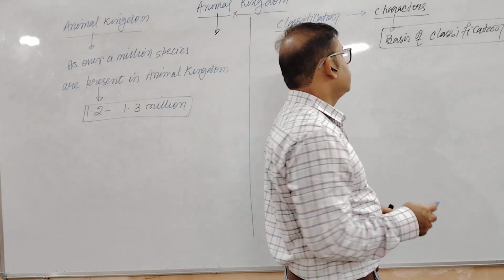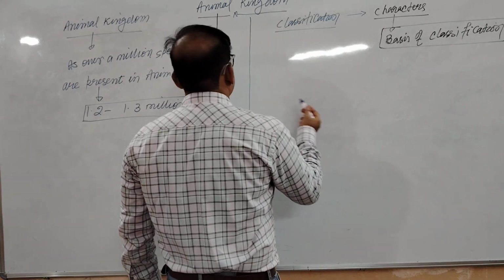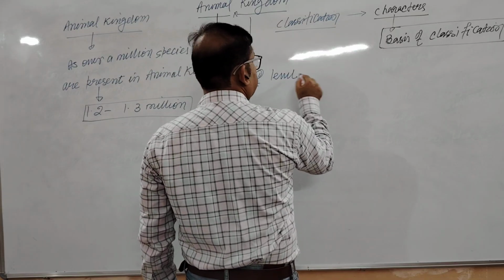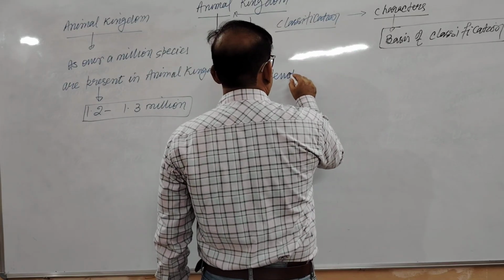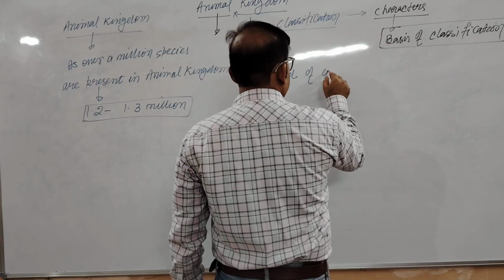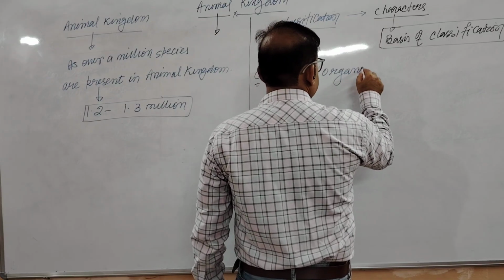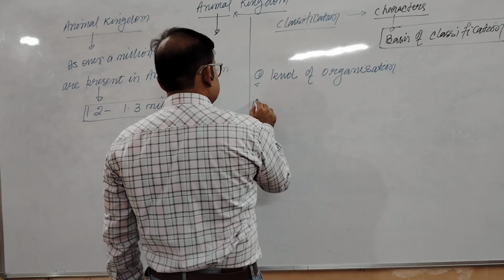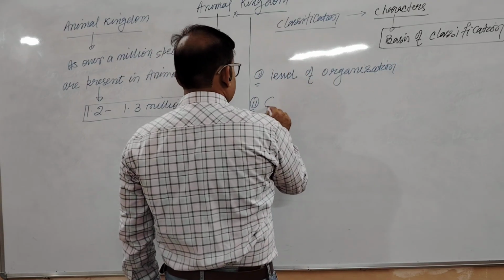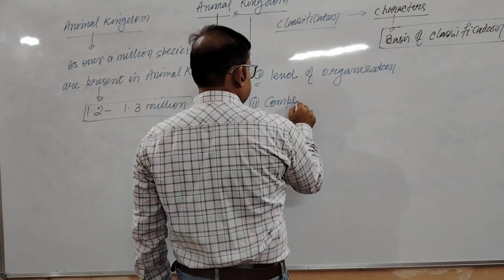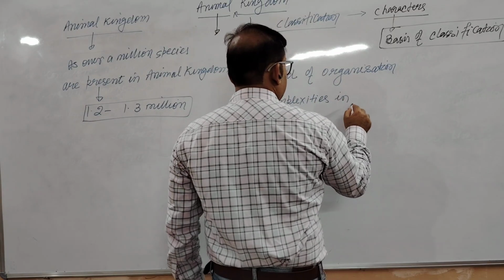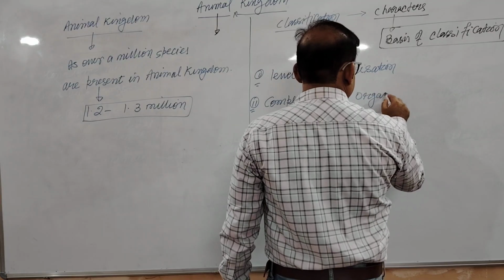So my dear students, in this chapter we will classify the animals on the basis of certain fundamental features. These fundamental features are, first, level of organization, and second, complexity in organ systems.